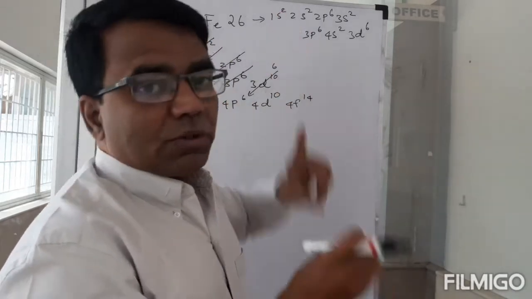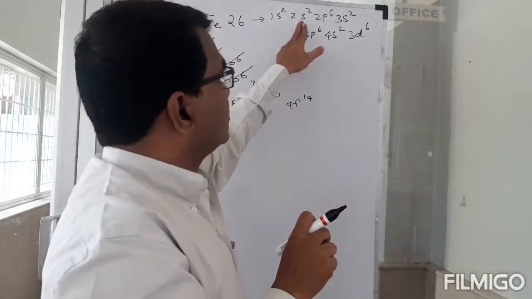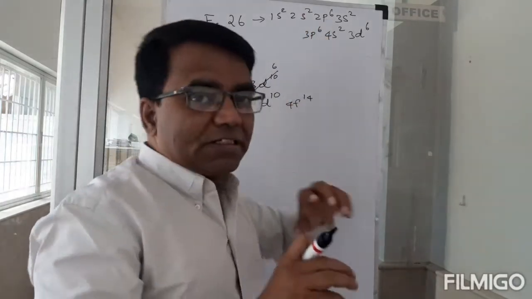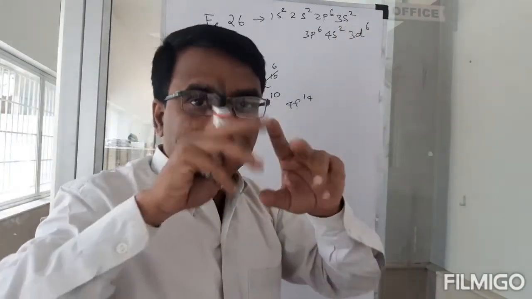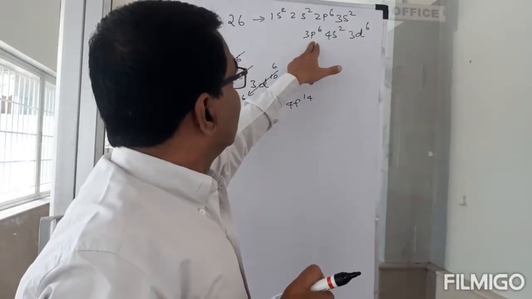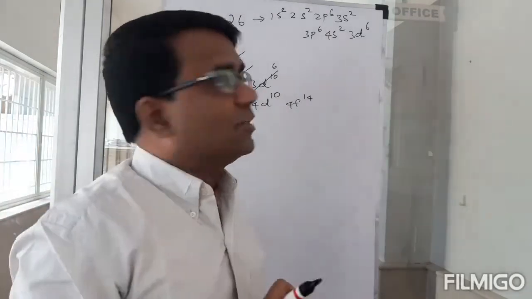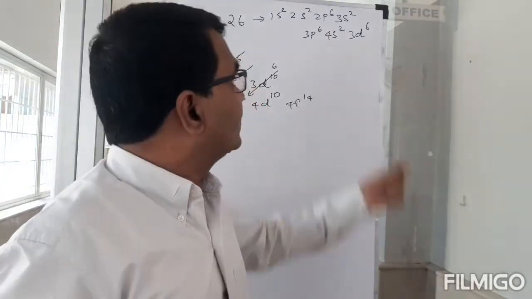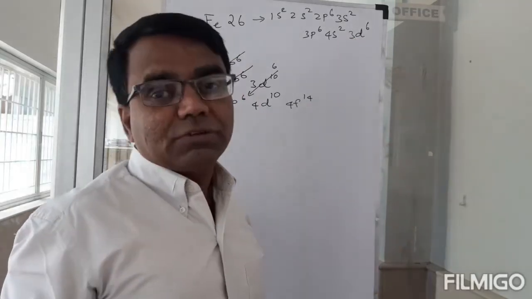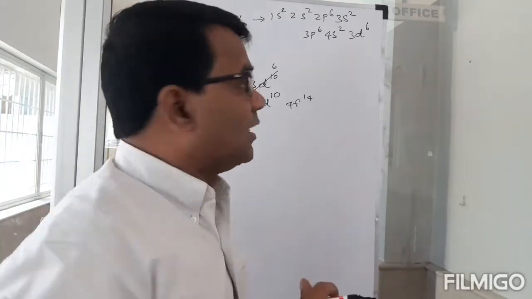Notice that 1s2 is paired, 2s2 is paired, 2p6 all the electrons are paired, 3s2 paired, 3p6 all the electrons are paired, 4s2 both electrons are paired. And when it comes to 3d6, let us see how it's going to look.